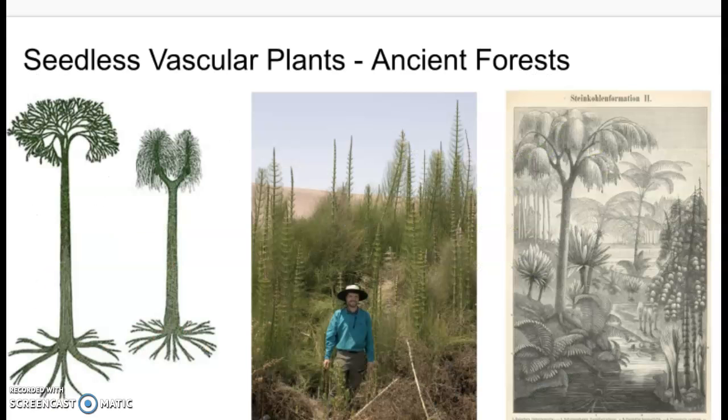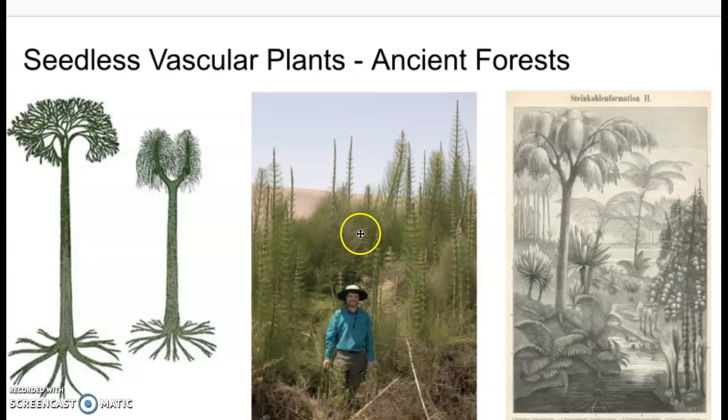Some of the things that are important for you to know about ferns is that at one point in the evolutionary history of the planet, these seedless vascular plants were the most popular plants and dominated our planet. Notice here you see a picture of many different types of ferns and seedless plants that were present.